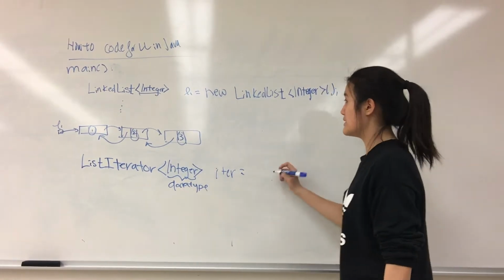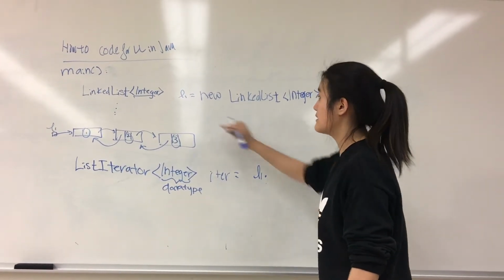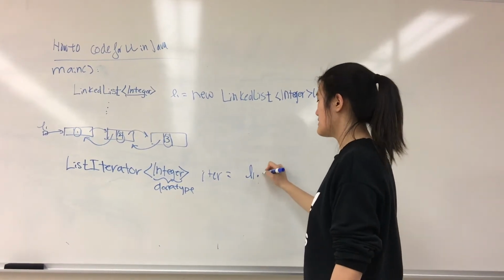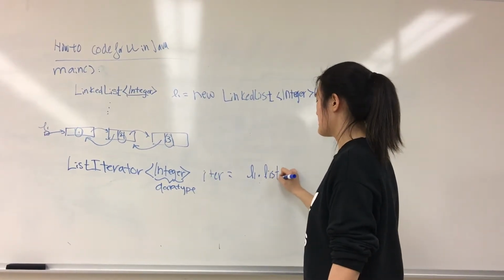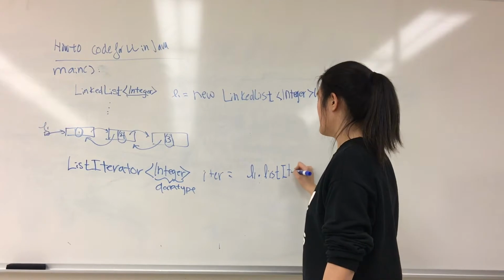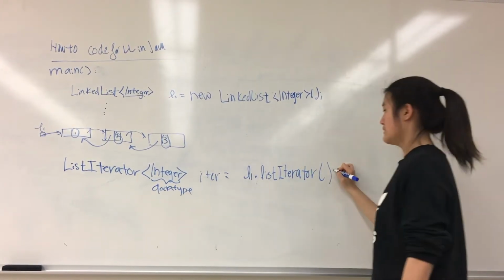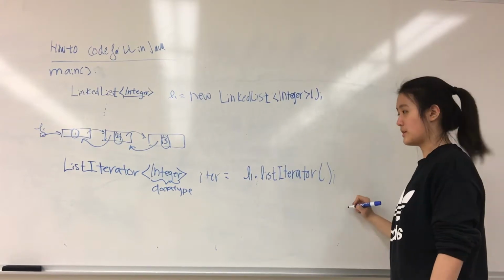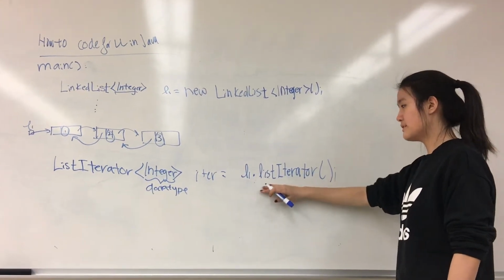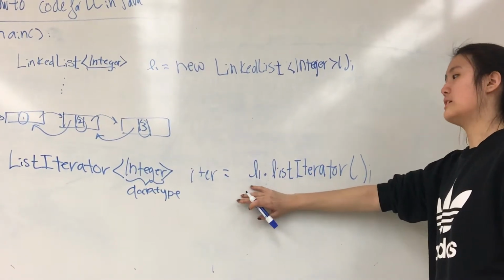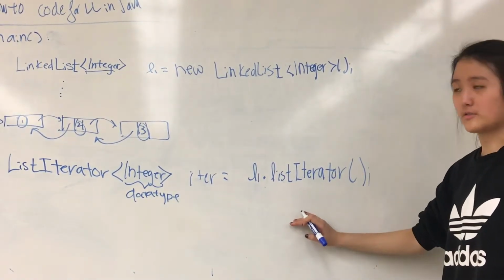And what you do is it's L1, which is the linked list that we created, L1.listIterator(); semicolon. So you're pulling this method out of the linked list class, which is why you say L1.listIterator.